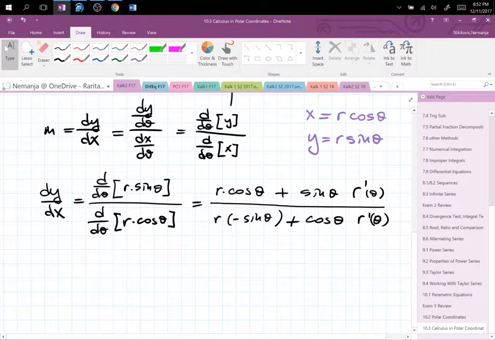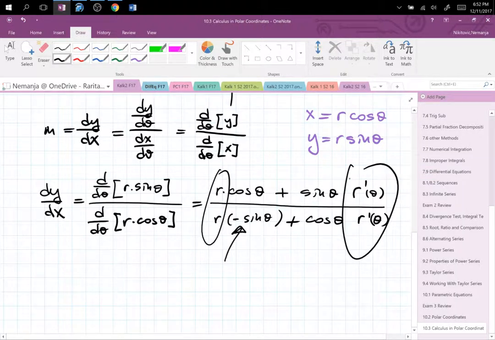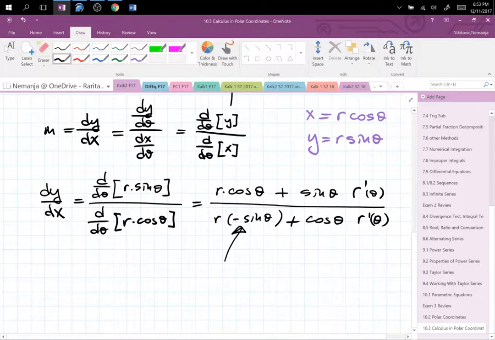So now, what I want to do is make this cleaner. I don't want to start with a negative sign, and I want to keep r's with r's and primes with primes. So swap the order of terms, and just clean it up. So what's dy/dx when polar coordinates are given?